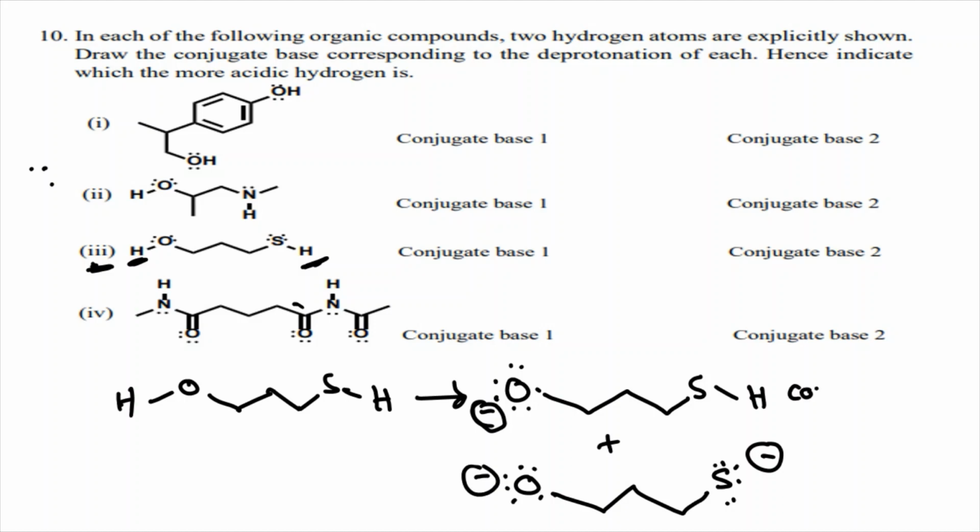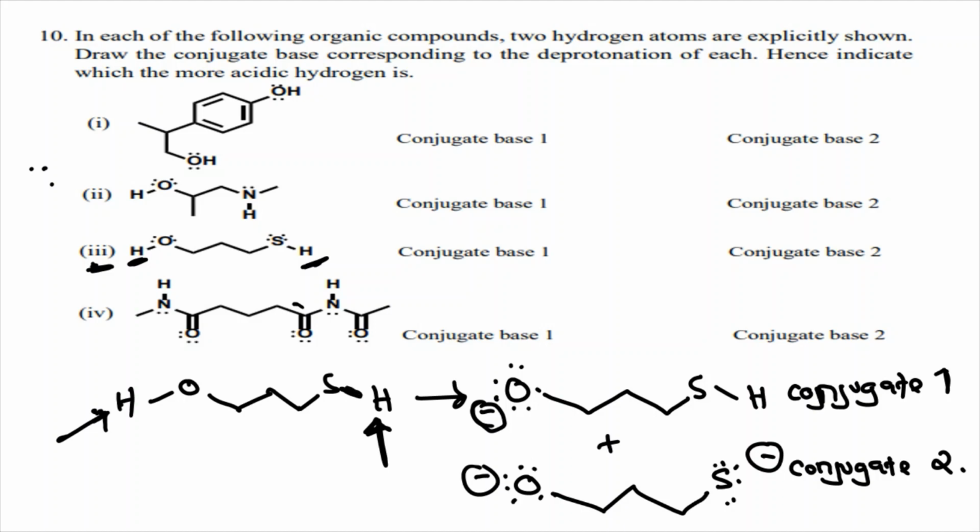So conjugate 1 is like this. Conjugate 2 will be like that. So now they're asking, which one is more acidic? This hydrogen, or this hydrogen here? So the more acidic hydrogen is the one that is attached to sulfur.